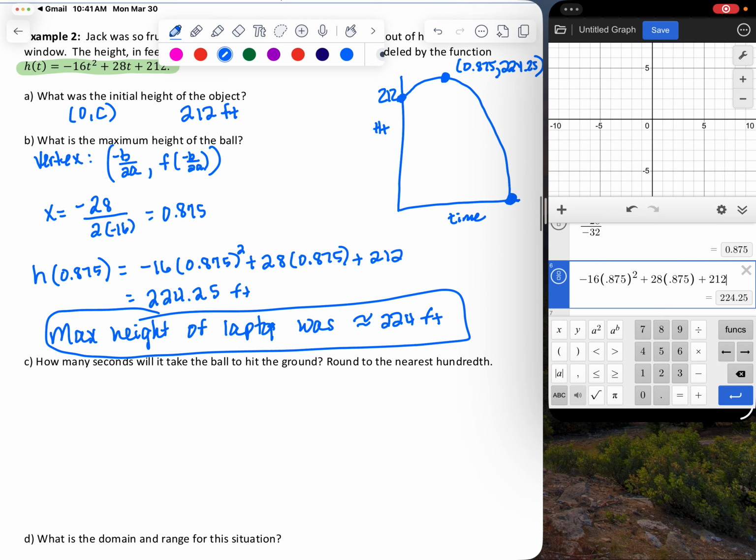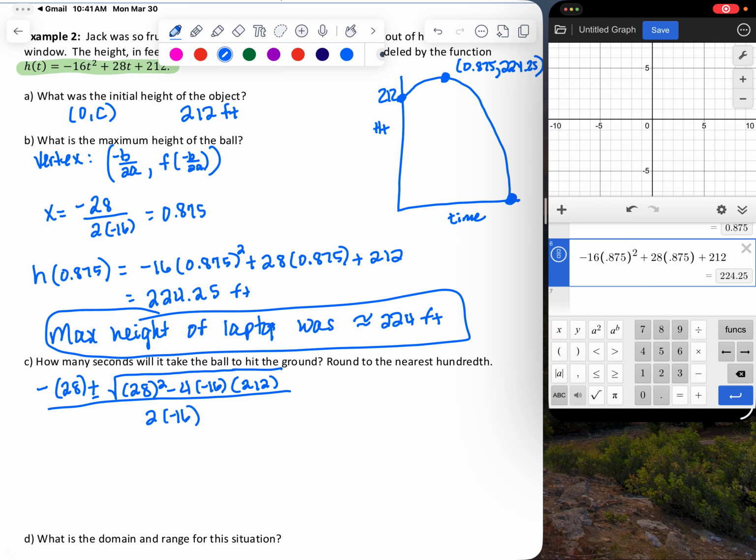So we'll take opposite of b, which would be opposite of 28, plus or minus the square root of 28 squared minus 4 times a, which was negative 16, times c, which was 212, all over, make sure that fraction bar covers everything, 2 times a, or negative 16.